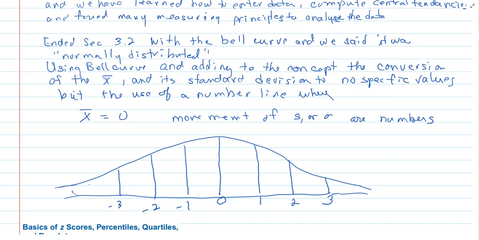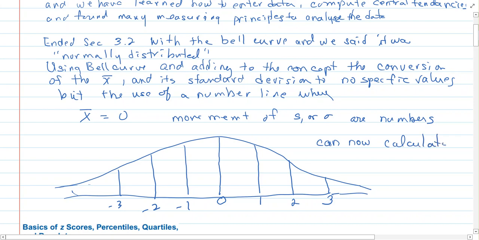And what we're saying here is that by having this conversion of the bell curve into these units, we can now calculate each position of a data value knowing its mean and standard deviation and the x value.